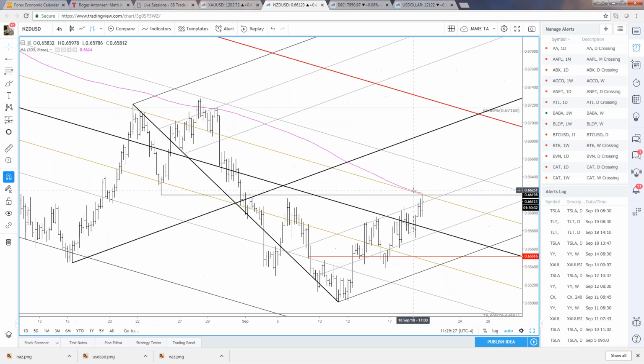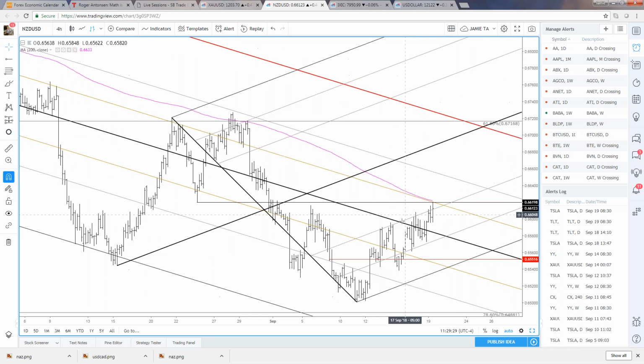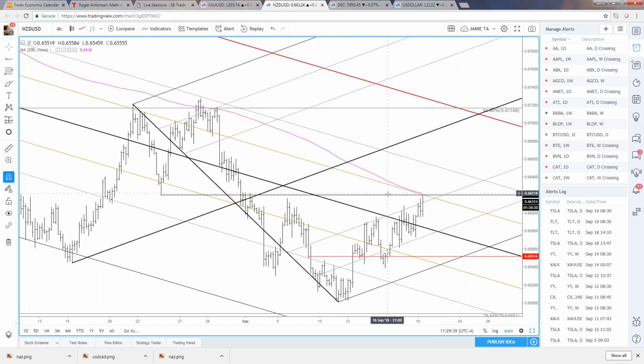Well, here's the thing. This line, this is the 25 line from that fork. I would say that this is a pretty good representation of the angle that the market is trading at, right? So that's good to know.